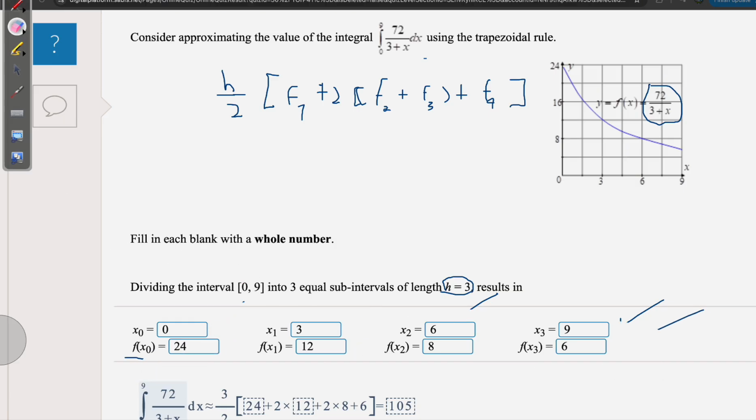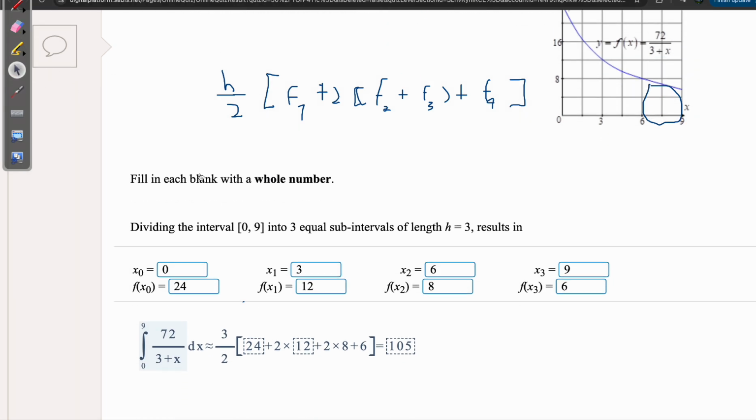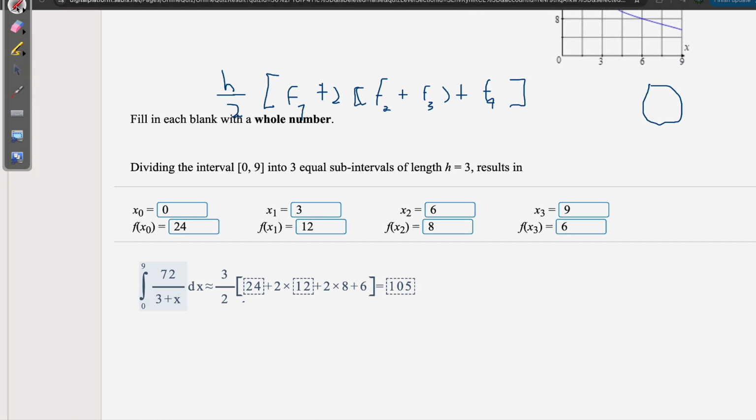Now part B is just a simple application of the rule that's written above. So h, which is 3, then f1, which is 24, plus 2 times f2, which is 12. You could do it like 2 times f2 plus 2 times f3, but it's basically distributing this, so it doesn't really make a change, but they want it in this form in the quiz.